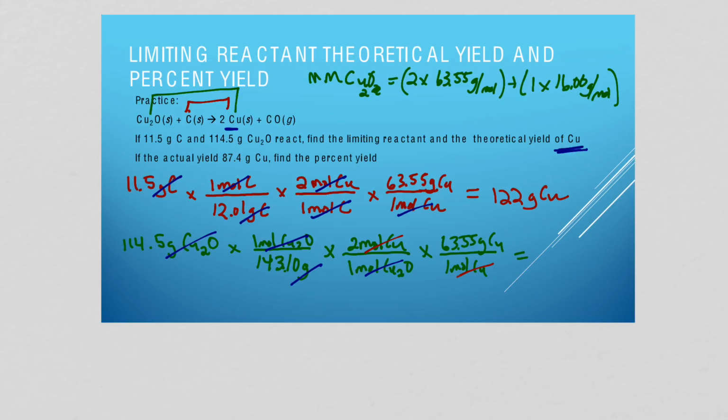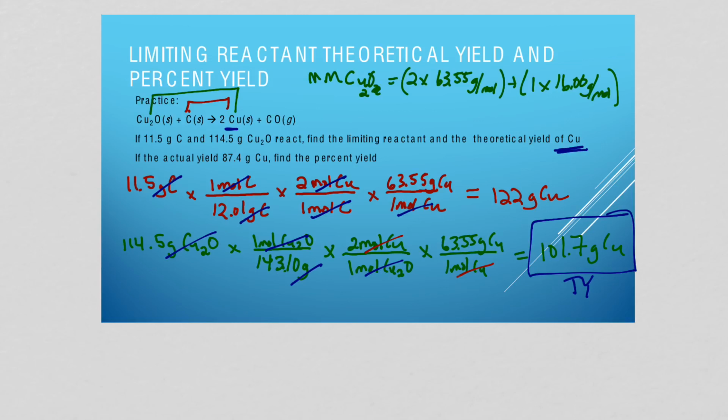Now this time my answer can be given to 4 significant figures because I have 4 significant figures in my starting. So I come up with 101.7 grams of copper here. So I'm going to again look at these 2 numbers, and I'm going to look at which one's smaller, and that's going to be my theoretical yield.